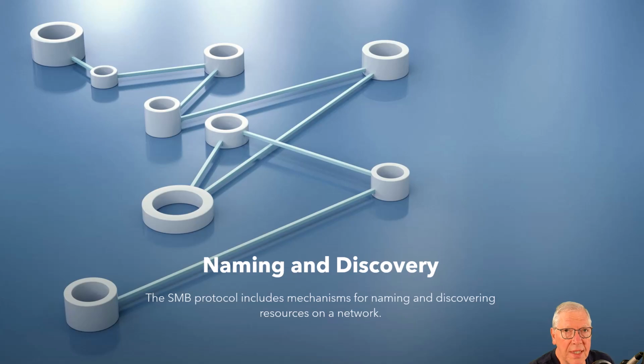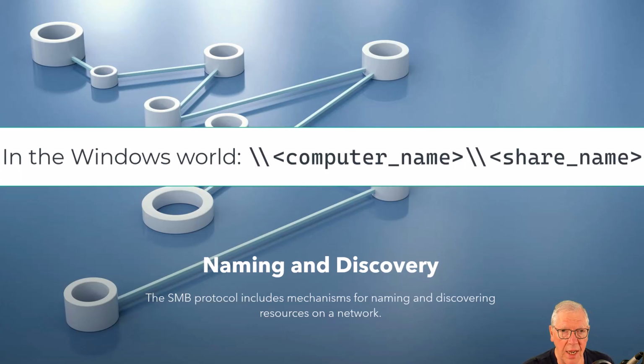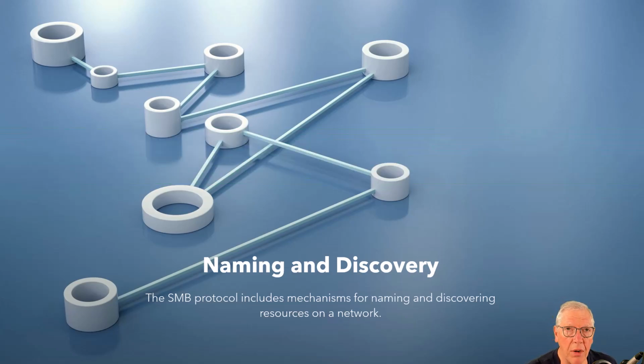Also, there's this naming and discovery thing. Now, in the Windows world, it's called NetBIOS, a NetBIOS name. That's an old name. It's evolved over the years. But the idea is that a Windows computer has a name, and so you can attach to that name, and then you can connect to whatever shares are out on that particular server or workstation. This can happen between workstations as well.